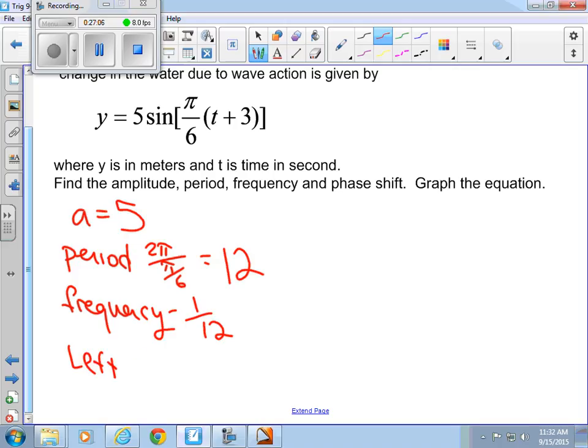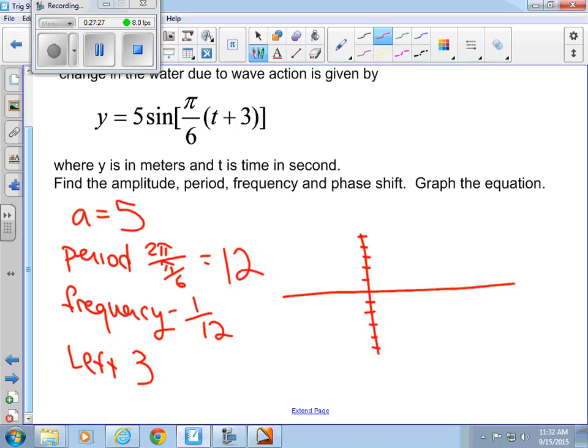It's no vertical shift, so it's nice for graphing. I don't have to move up and down. And my period is 12. So remember, the tick mark is the period, it's not the mean value, it's the period. So this would be 6 and this would be 3.